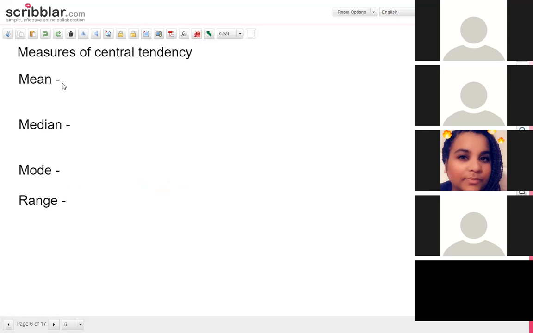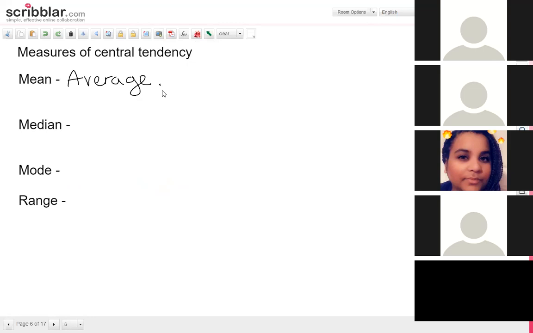So measures of central tendency, you have probably seen before. You usually start doing these in elementary, but we keep seeing them over and over again. So mean is the fancy word for finding the average. So to find the average, again, you'll be given a whole bunch of data.